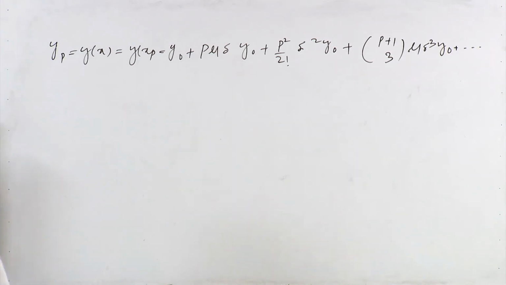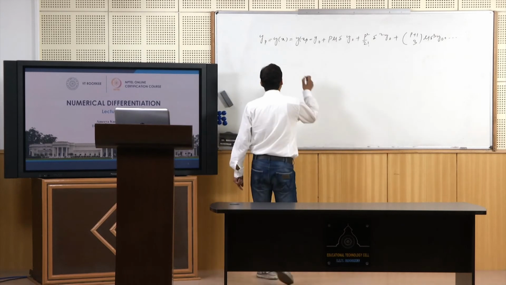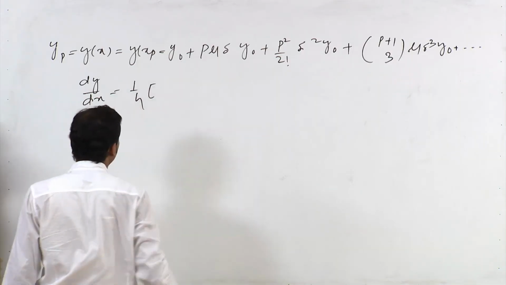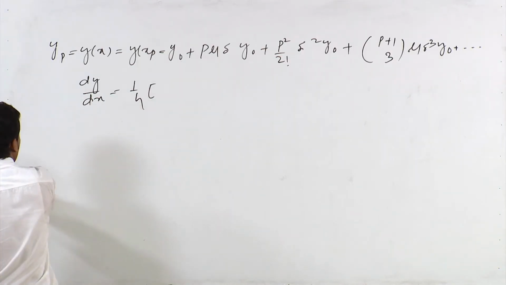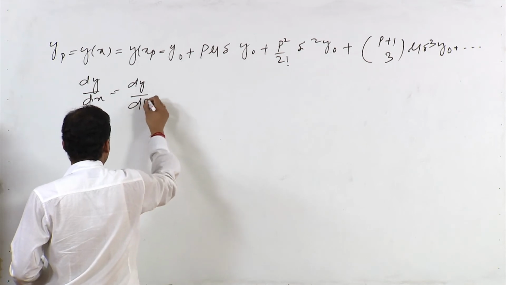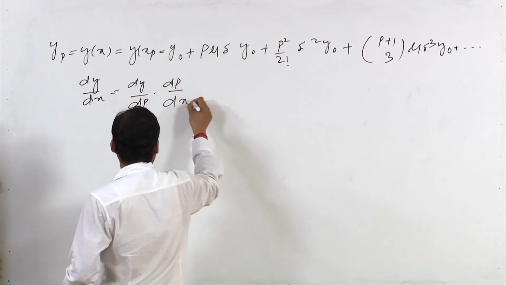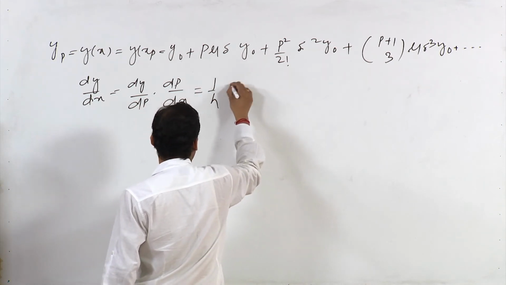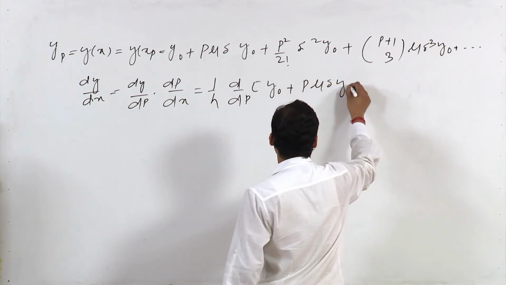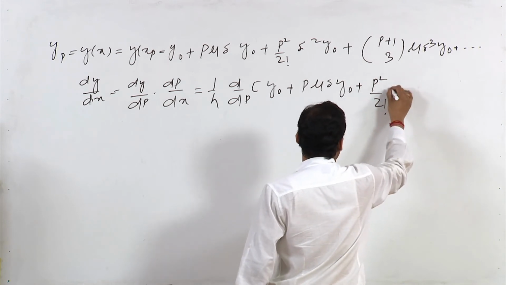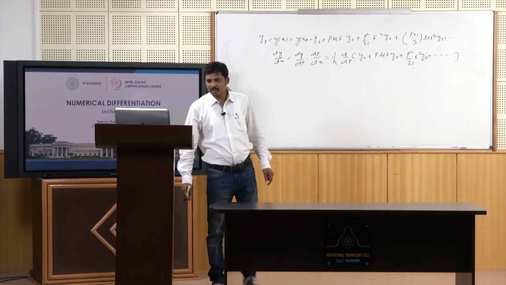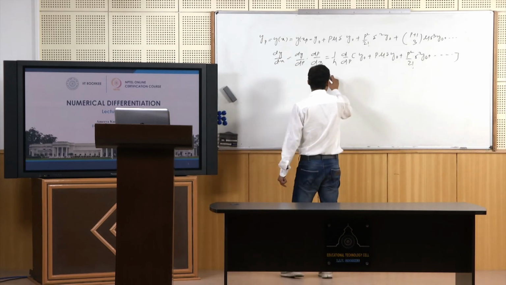So, if we differentiate with respect to x here, dy by dx can be written as 1 by h, since this expression can be written as dy by dp into dp by dx. dp by dx is nothing but 1 by h, and d by dp of your expression y0 plus p mu delta of y0 plus p square by 2 factorial delta square of y0 plus all other terms, when differentiated with respect to p, gives 1 by h.